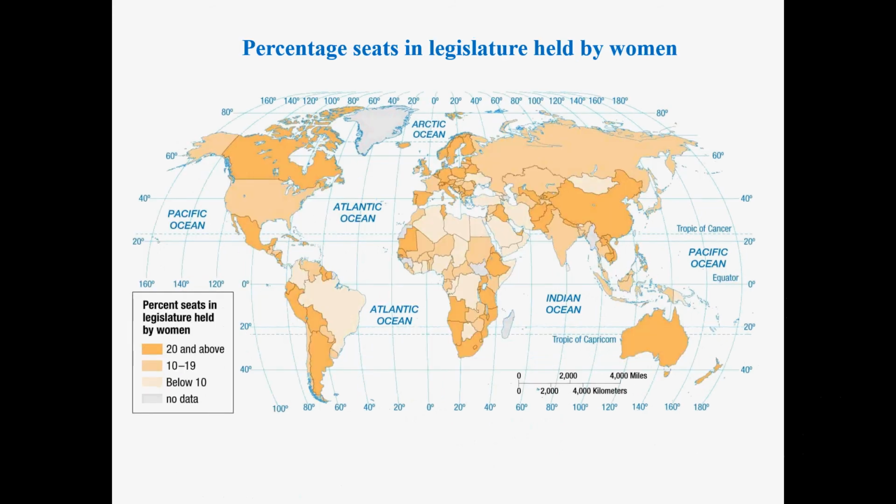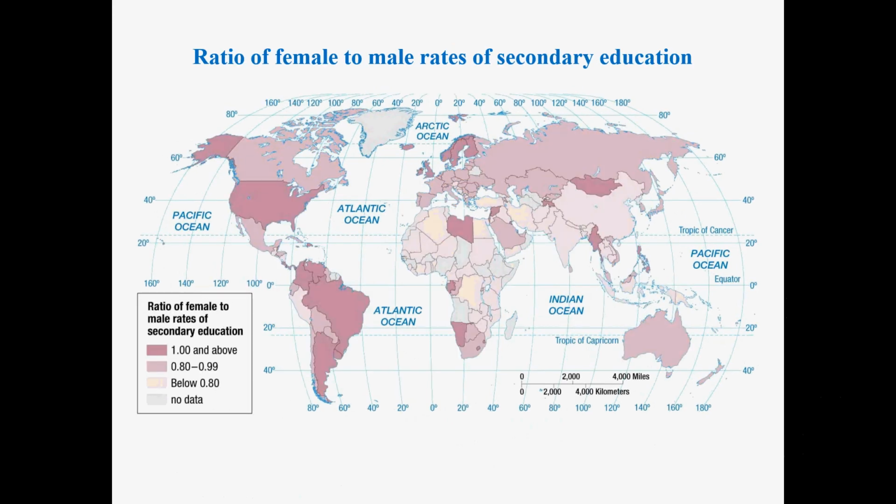So this is a map that shows percentage of seats in legislature held by women, kind of an empowerment measure. And this is a map that shows the ratio of female to male rate of secondary education.